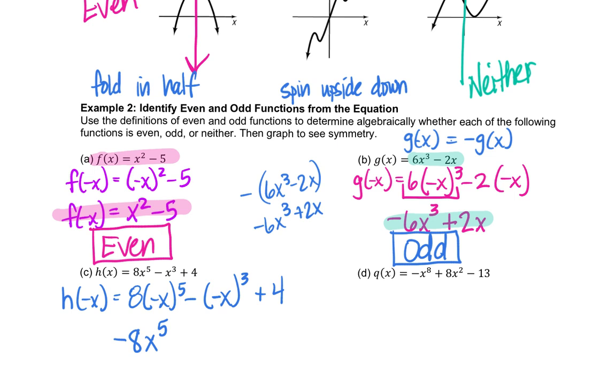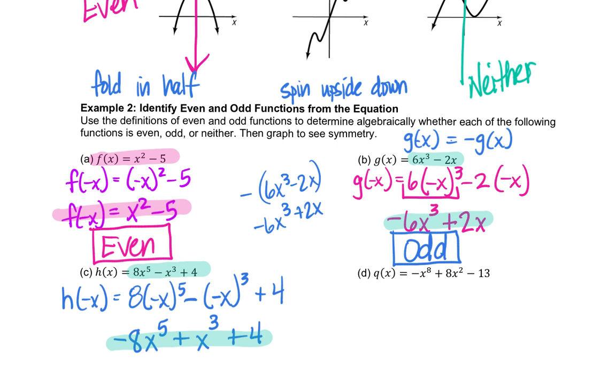The negative x cubed is going to stay negative, but there's already a negative out front, so that's going to become positive x cubed, and then the plus 4. So now go back and look. We started with positive, negative, positive. Now we got negative, positive, positive.